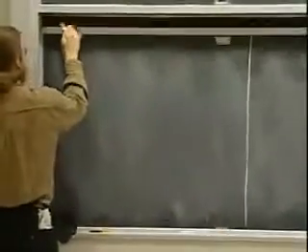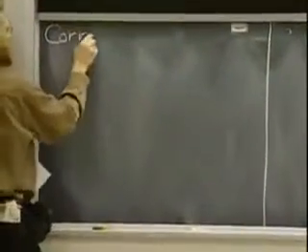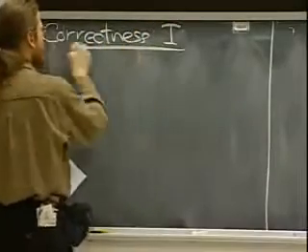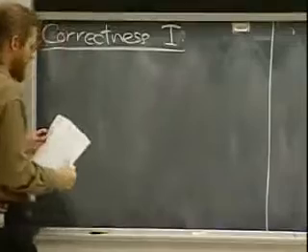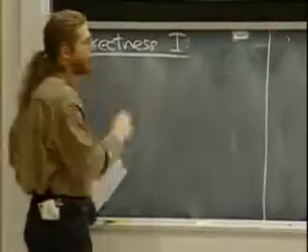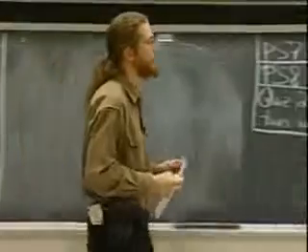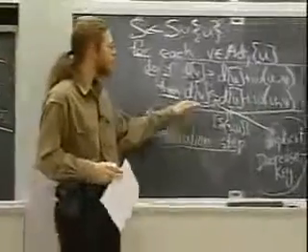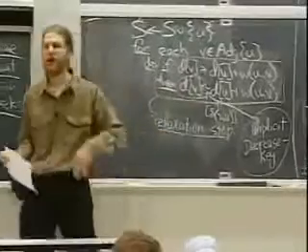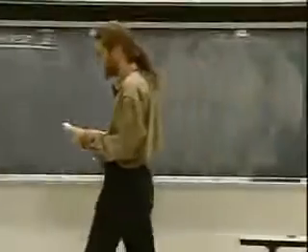So, correctness. So the first thing I want to prove is that relaxation never makes a mistake. If it ever sets d of v to be something, I want to prove that d of v is always an upper bound on delta.